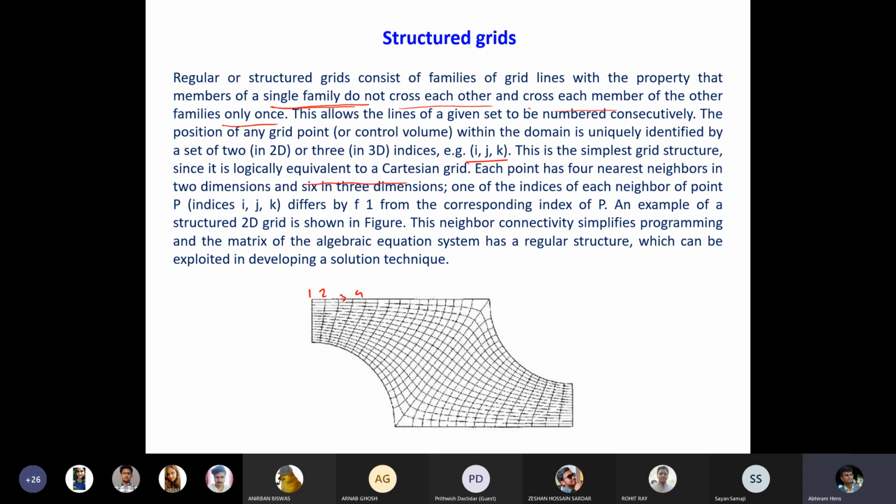So this is very easy to understand, and structurally this is the root for finite difference, and finite volume can also be done, and finite element can also be done, but unstructured can also be applicable there.